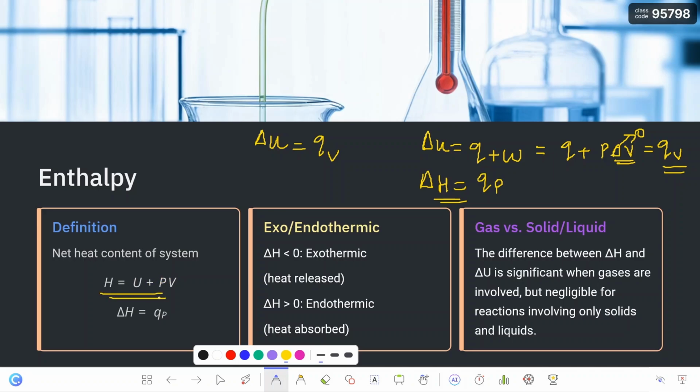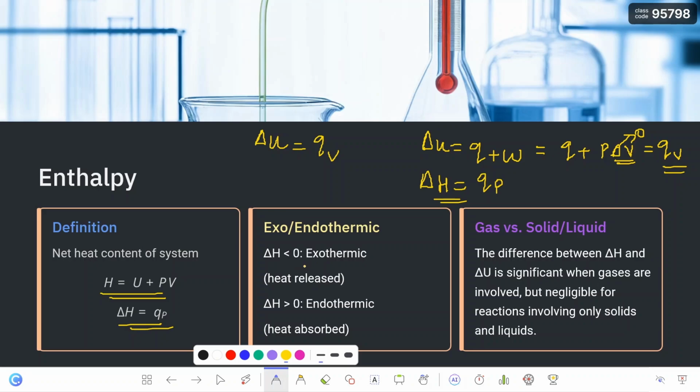So this equation also you remember. I will show in the next slide how these equations are coming. H is equal to U plus PV and delta H is QP. These two equations are very important. And another sign convention that I need to tell you is delta H is always less than 0 if exothermic.